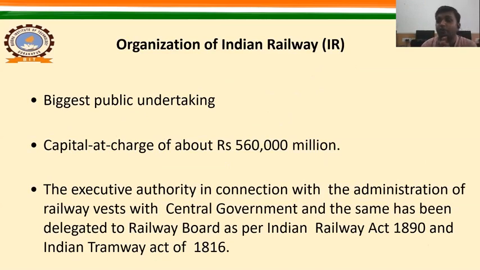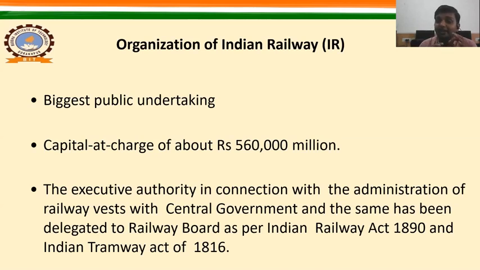The next topic is the organization of Indian Railway. I have talked about the different phases of Indian Railway. Now, the organization of IR, that is, Indian Railway. The first thing you have to understand is that it is one of the biggest public undertakings of our country, with a capital charge of about 5,60,000 million.